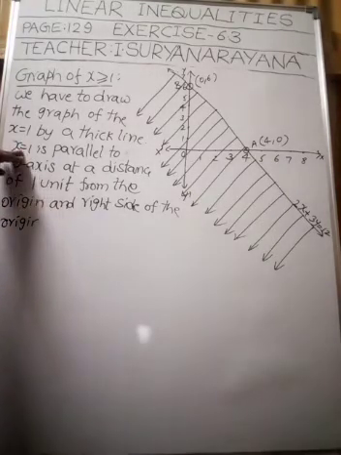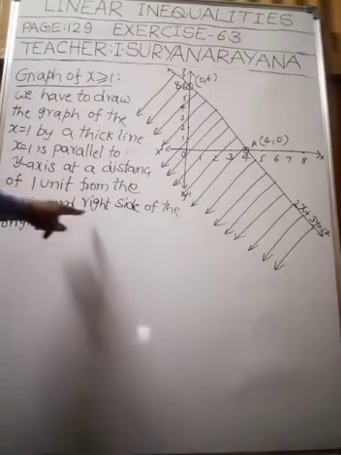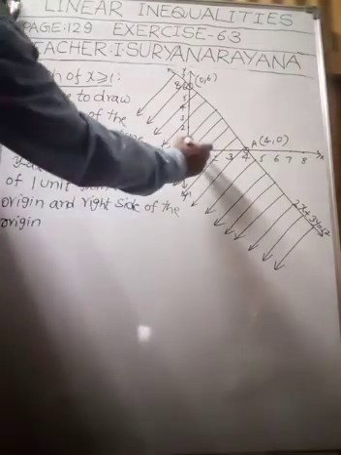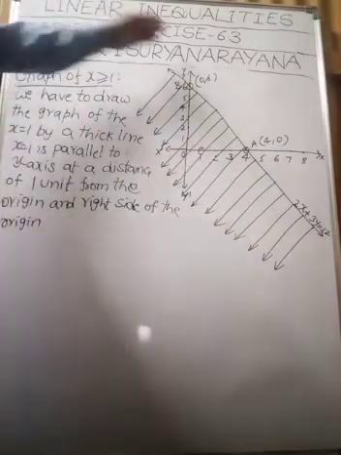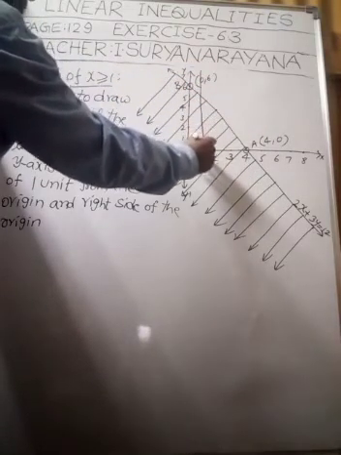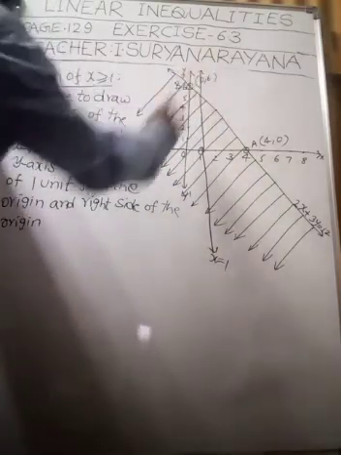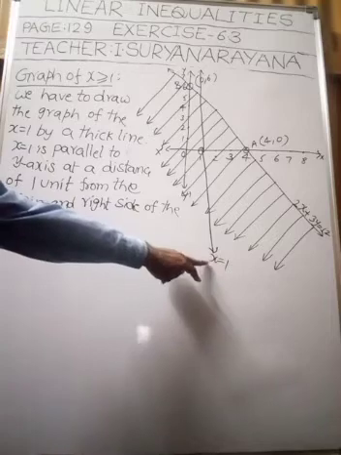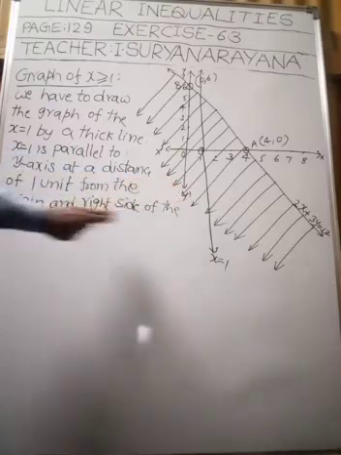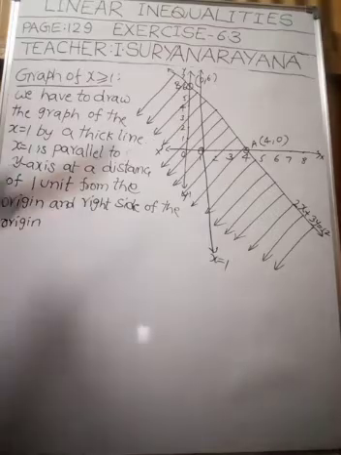X is equal to 1 is parallel to y-axis at a distance of 1 unit from the origin and right side of the origin. Understood this point, my children? So x is equal to 1 here, we have to draw a parallel line. We have to write the equation of the line, my dear children. Please remember this point also. So this line is the graph of equation x is equal to 1. Understood this point, my dear children?